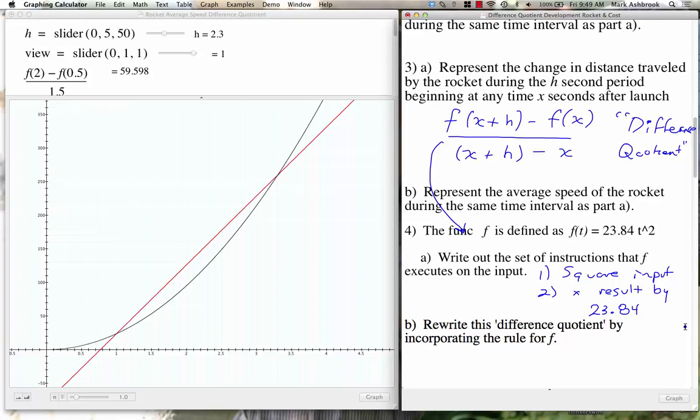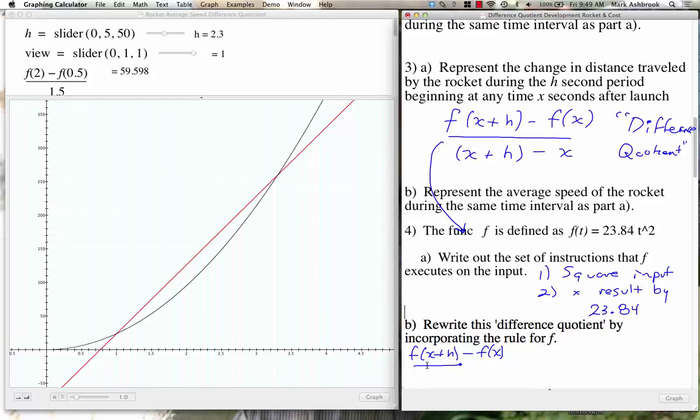Okay, so you should have gotten it. It says to square the input, and then take that result and multiply by 23.84. Good. So using those instructions, rewrite this difference quotient, f of x plus h minus f of x, all over h.